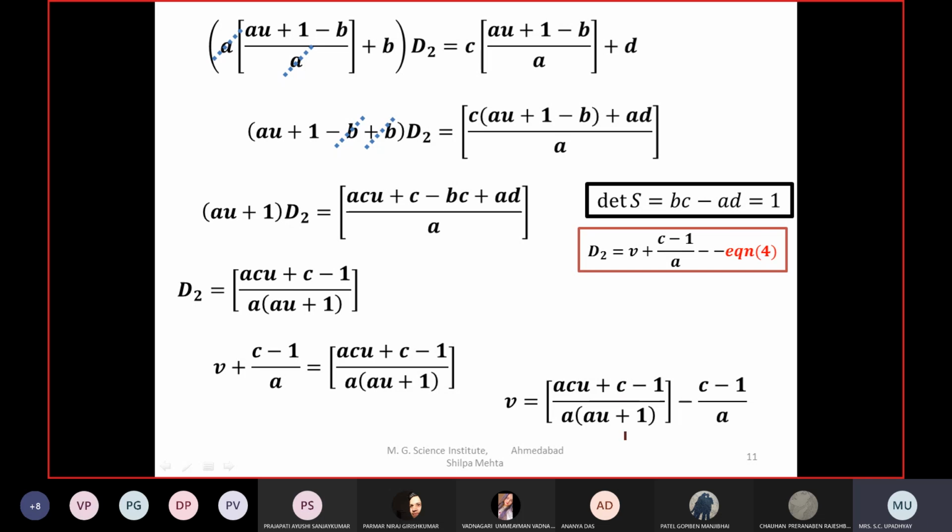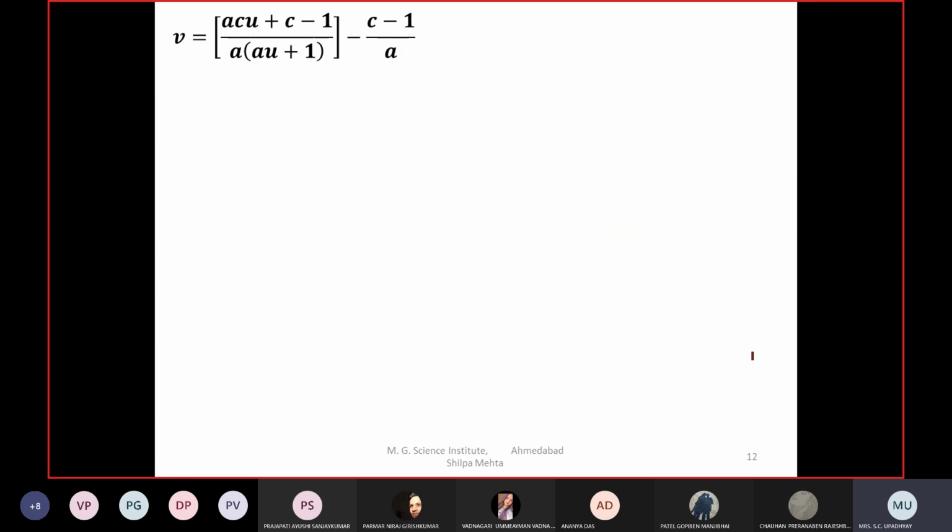Here you can simplify this equation. a is already there, so we only multiply (au plus 1) with the second term, that is (au plus 1) multiplied with (c minus 1). Do the multiplication and see what answer comes.